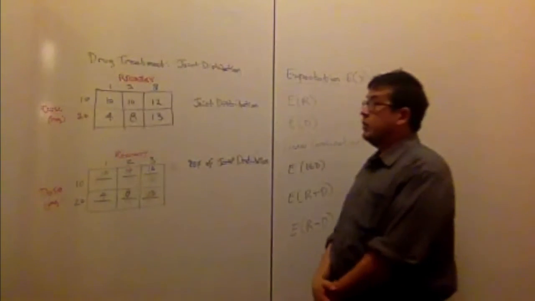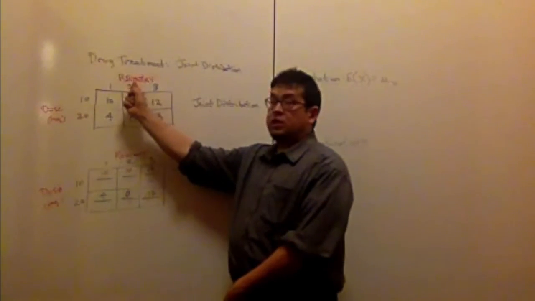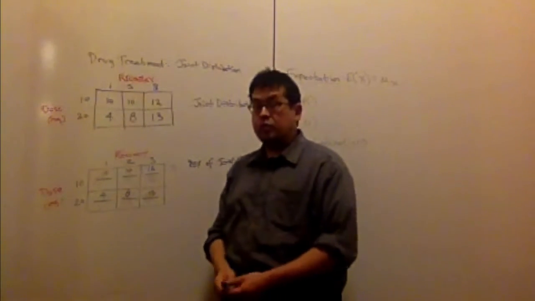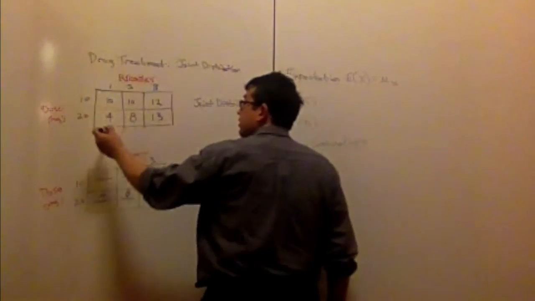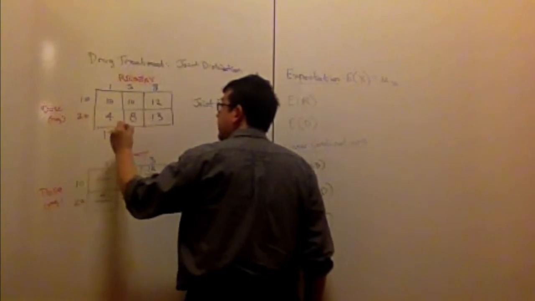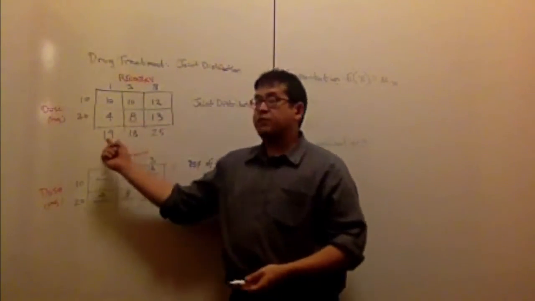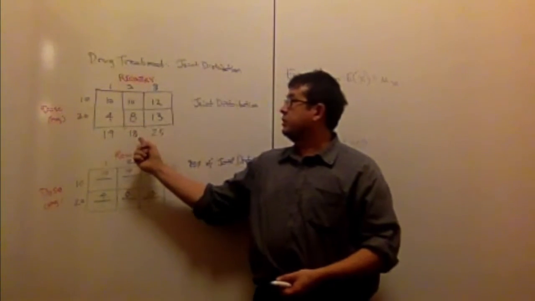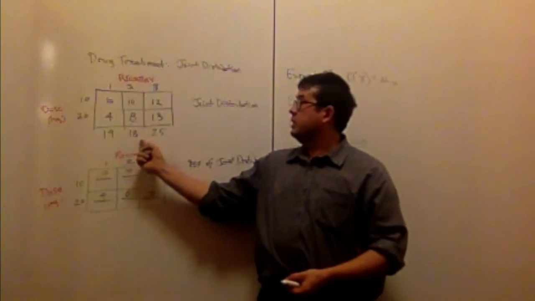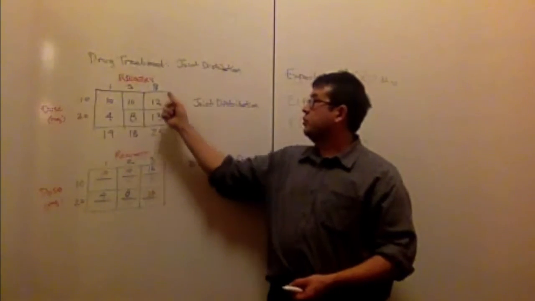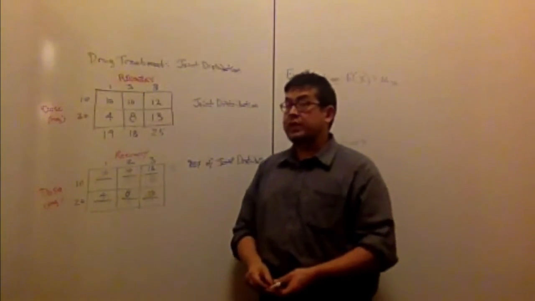So here we go. I'm going to first do the R variable, recovery. I'll add each column and put a value at the base. As you can see, 14 cases received a recovery 1 rank, 18 cases received a recovery 2 rank, and 25 cases total received a recovery rank of 3.